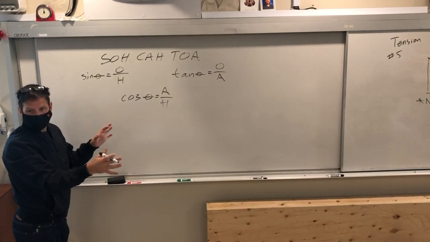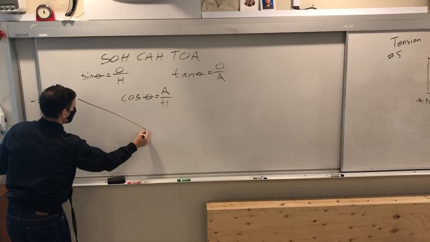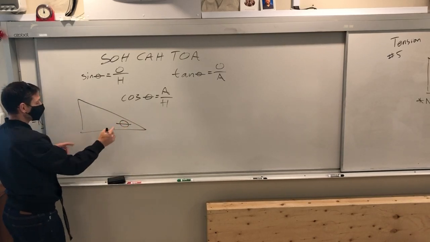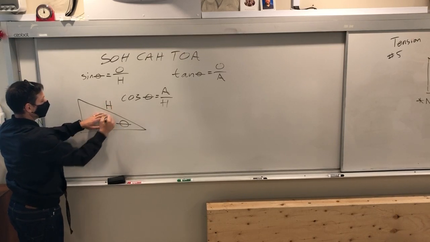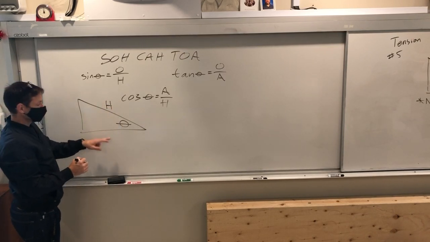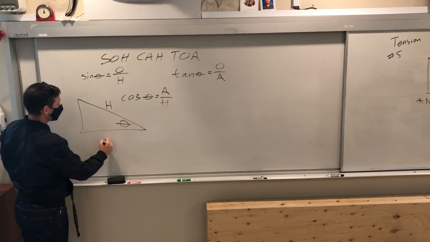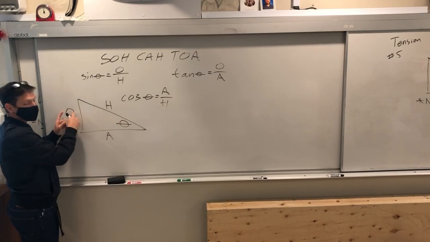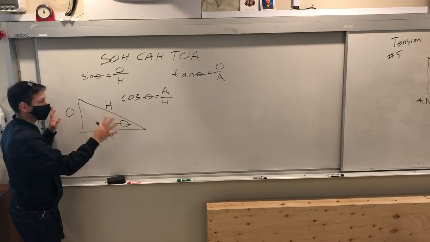This is all based on a triangle like this, where this is theta. This is the hypotenuse, the long side. The other side beside the angle is the adjacent, and the side opposite the angle is the opposite side. So that's basic trig.